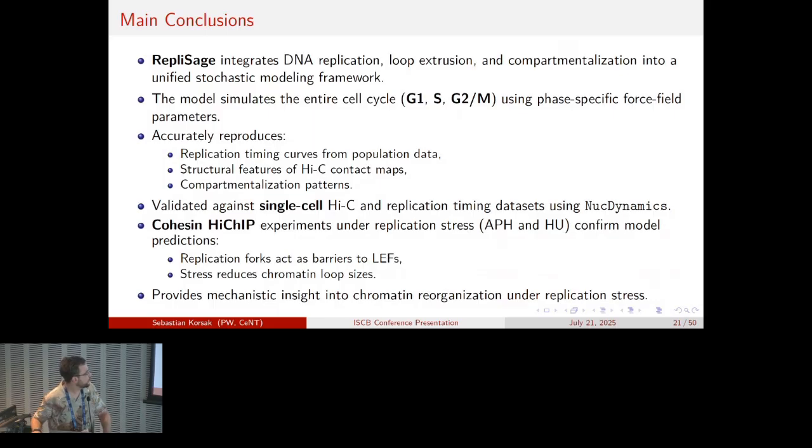We have validation methods, both qualitative and quantitative. One very big advantage is that we can model replication stress, and that this model is very easy to modify if you know exactly what you want to model, because you can just add or remove some terms in the energy very easily. So that's it. Thank you very much.